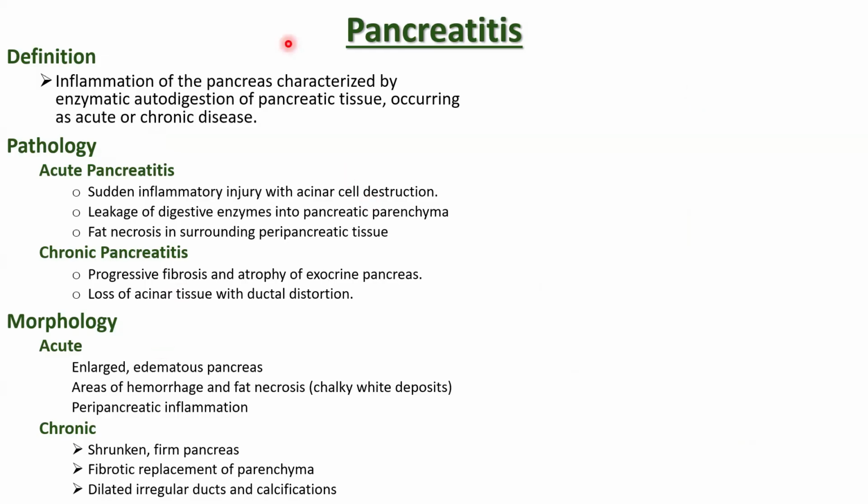In a person with acute pancreatitis, the person will have an enlarged edematous pancreas, areas of hemorrhages and fat necrosis, and also peripancreatic inflammation.